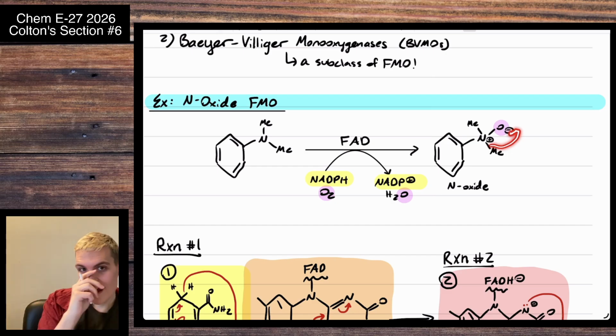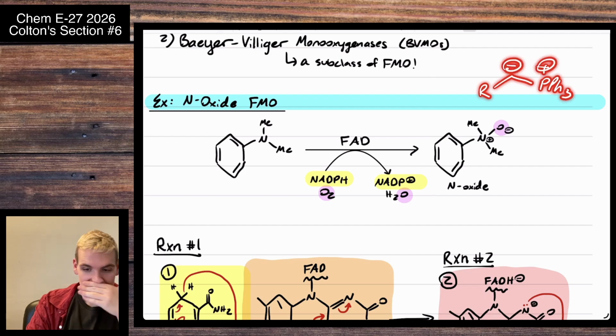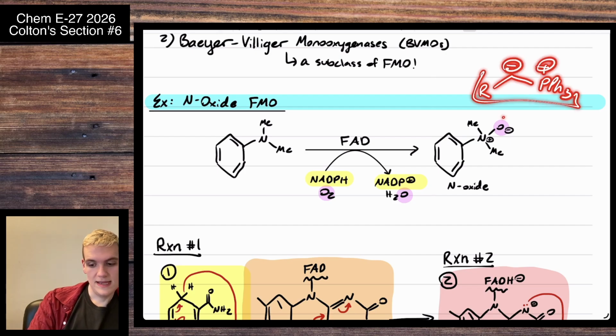Kind of weird. If you took 17 last semester, this is similar to an ylide, where we had PPh3 plus and a minus on the carbon. So it's a very similar thing here, where it technically is an ylide, but we call it an N-oxide.